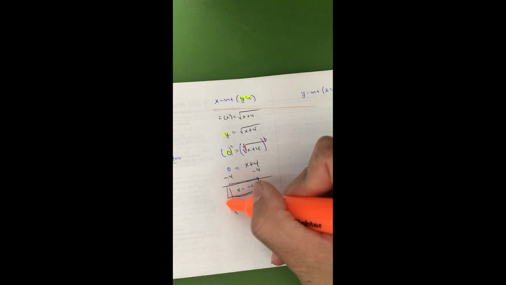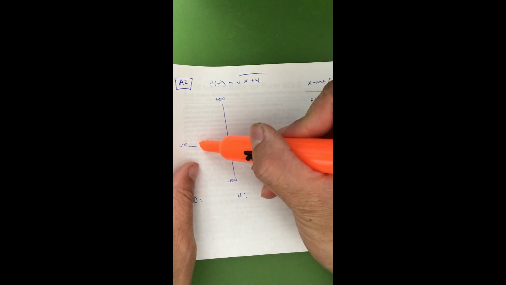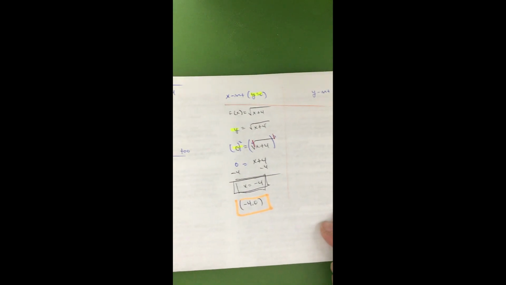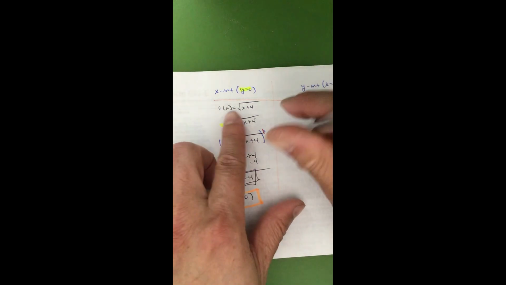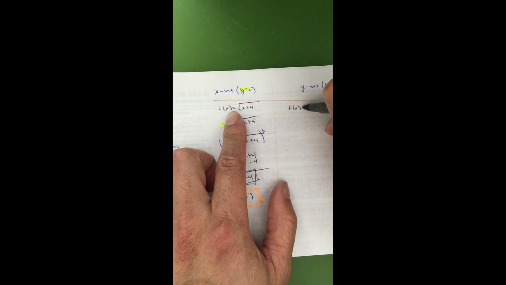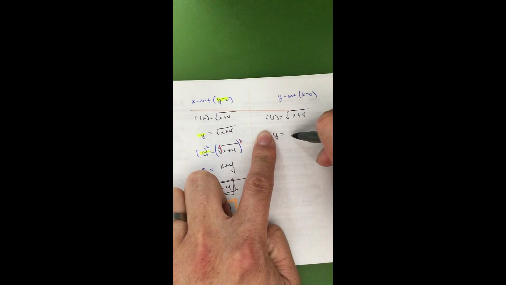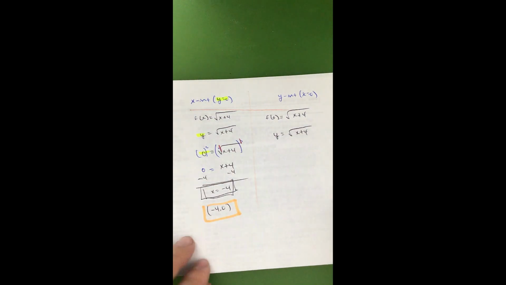And if I actually put this on my graph, negative 4, 0, there's mine, negative 4. Let's go ahead and find the y-intercept, and that might give us a clue what happened to our graph. Same thing, f of x. And then I'm going to change this to a y.